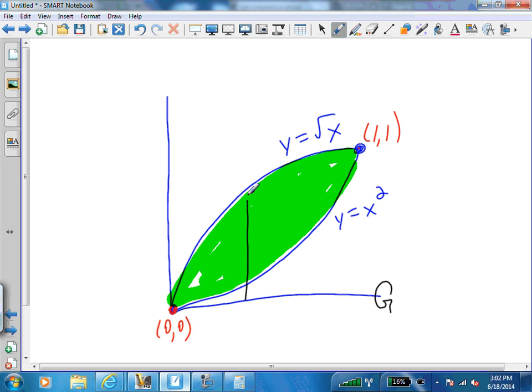Volume we get from pi times the integral from our left to our right, so from 0 to 1, of our big R squared minus our little r squared.